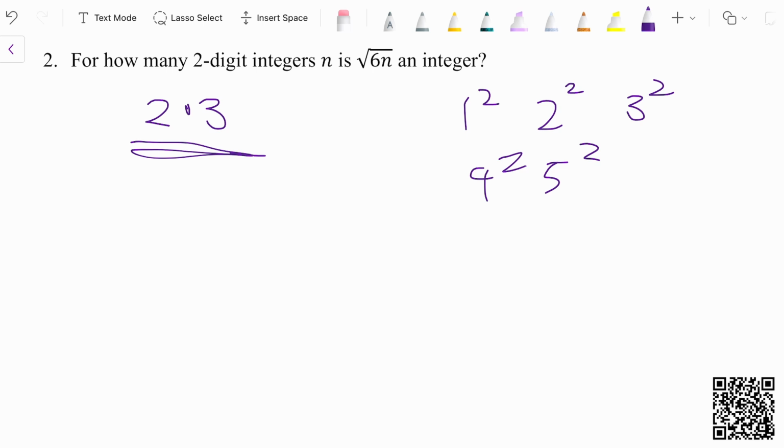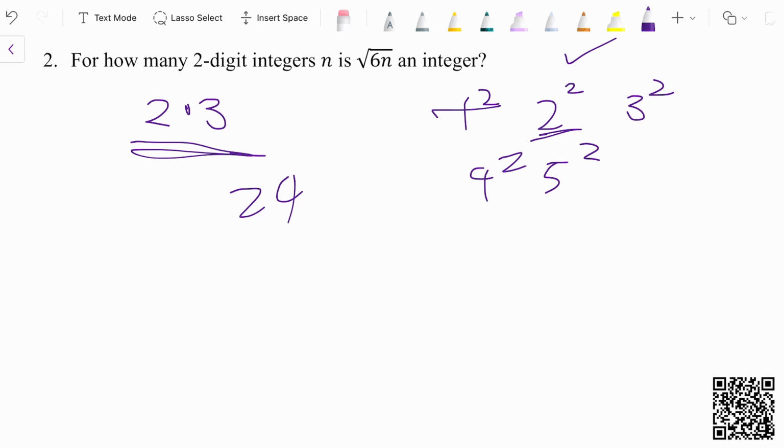Using that idea, if we bring in 1 squared, that is just 1, so that doesn't work because it does not make a 2-digit number. But 2 squared is 4. If we bring that into the equation, 6 times 4 is 24, so 2 squared does work in this case, and that is one possible solution.